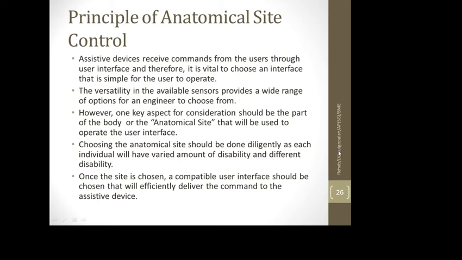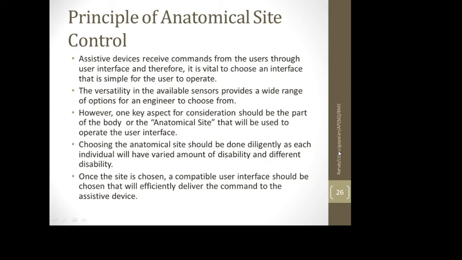Again, once the site is chosen, a compatible user interface should be chosen so that it is efficiently able to deliver commands to the assist device. So merely choosing the site alone does not solve your problem. You have to make sure that whatever user interface you are choosing can be operated by the site that you have chosen.